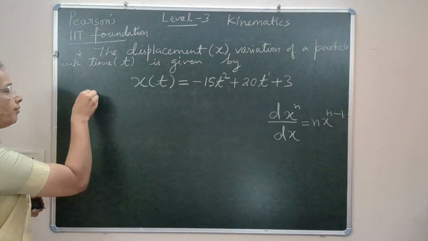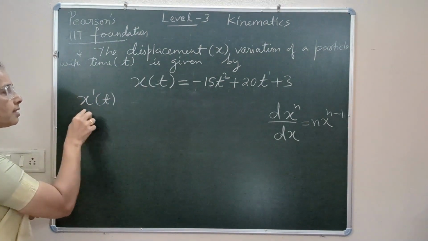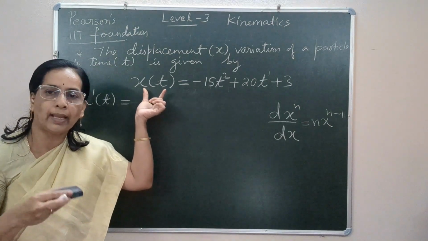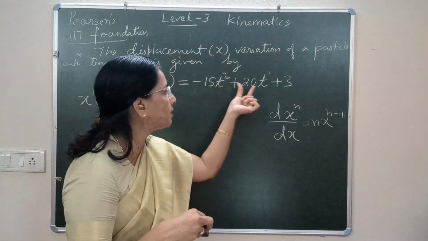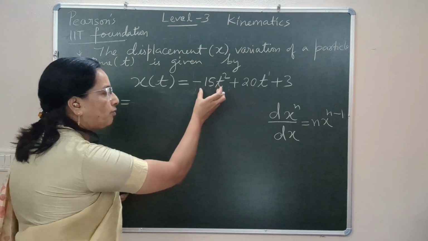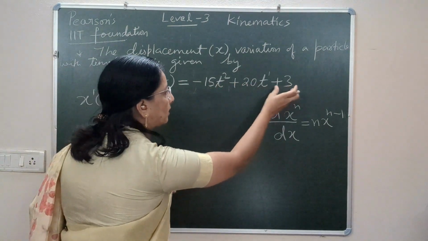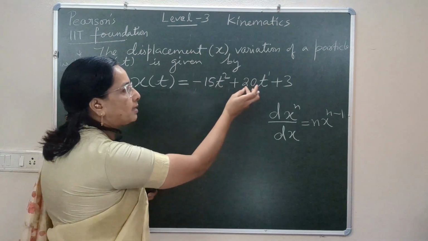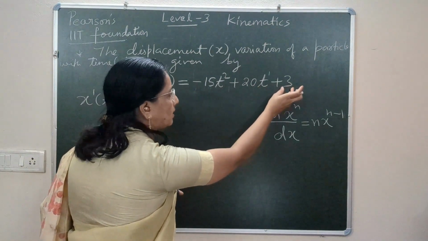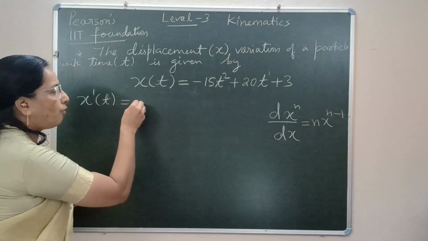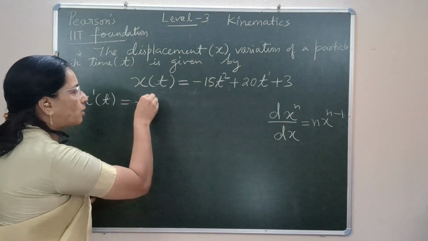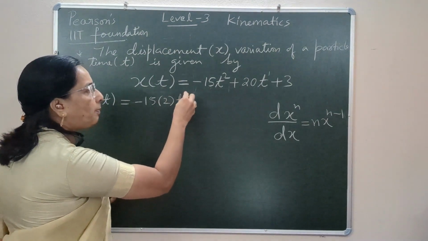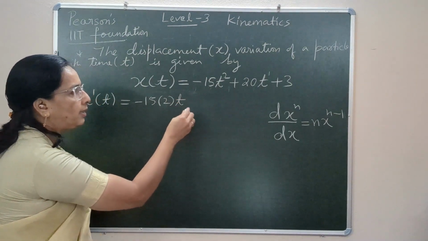The first derivative of displacement is called velocity. That means dx by dt is the first derivative of this, so we'll find the derivative of this plus this plus this. So d by dt of this plus d by dt of this plus d by dt of this. d by dt of minus 15 t squared is minus 15 times 2 comes forward, t to the power 2 minus 1, which is 1.